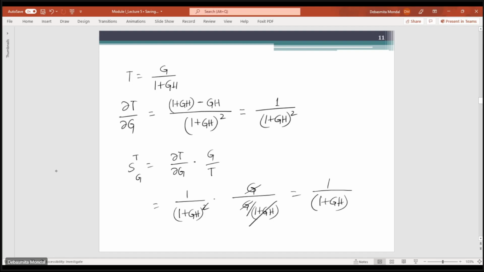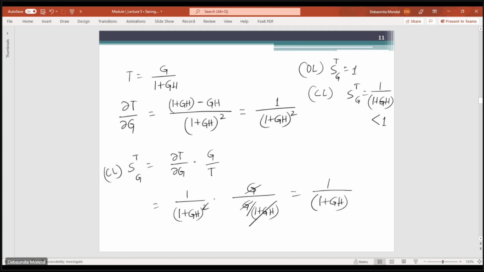Now if you compare, this value is for the closed loop system. For the open loop system, the value of S_T of G was equal to 1, and for the closed loop, it is equal to 1 by 1 plus GH. This value is obviously less than 1.